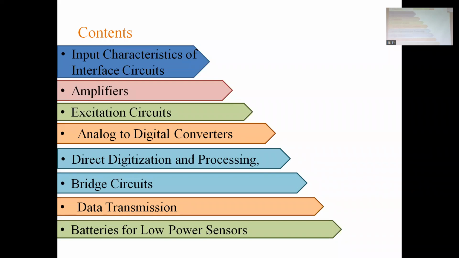So it is one of the electronic circuits, depending upon the output of the sensor. We use that interface circuitry. That means the input characteristics of the interface circuit are nothing but the output characteristics of the sensor.